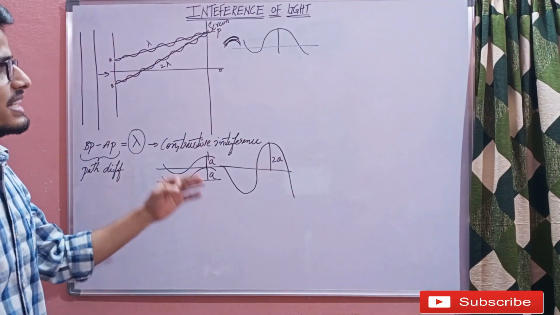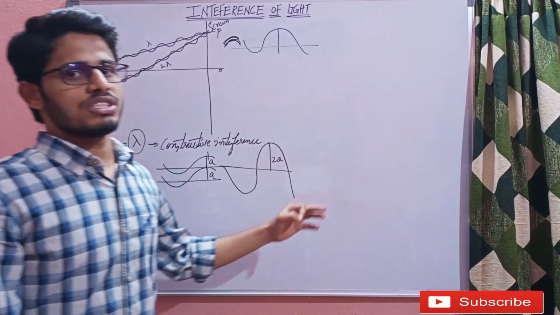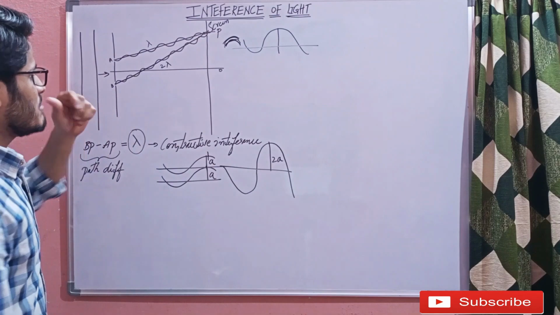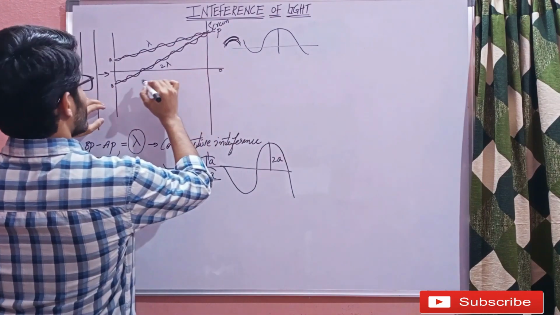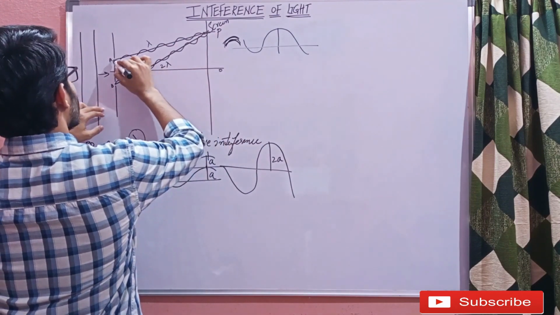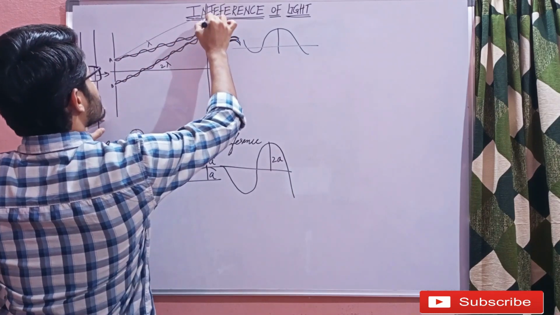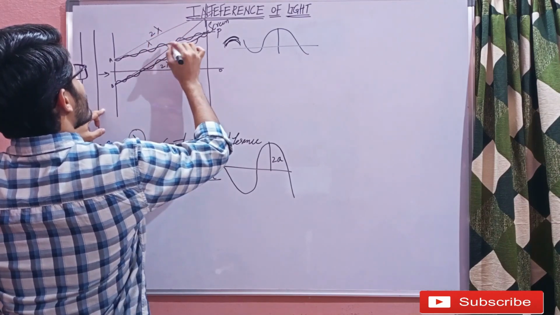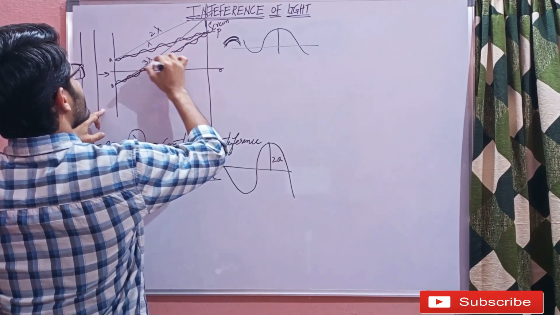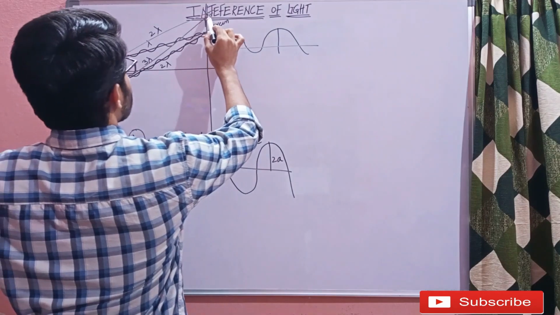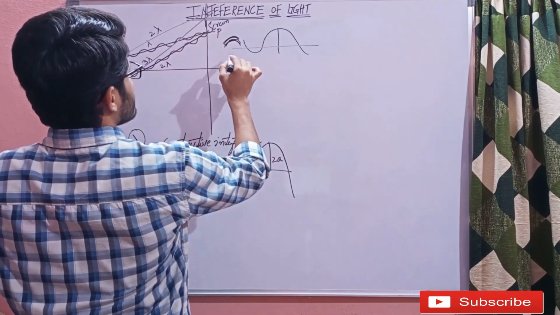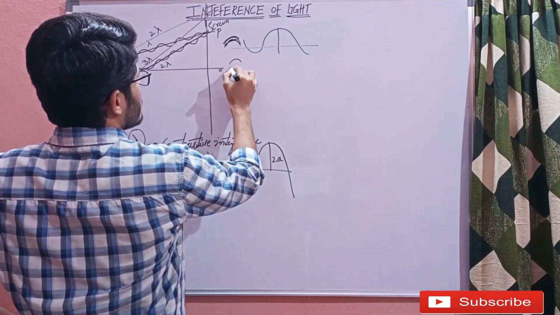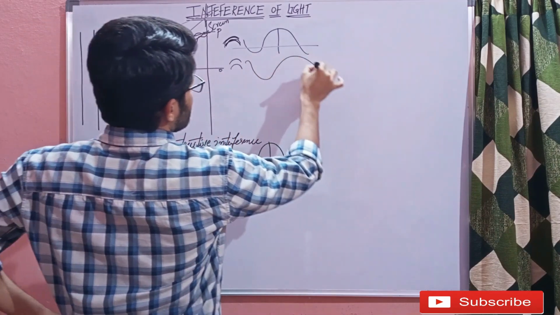That's why we studied constructive superposition to explain constructive interference. Similarly, suppose at a point on the final screen this ray is at 2 lambda and the other ray is at 3 lambda. 2 lambda means it will be on its top, and 3 lambda means the other ray will also be on its top. Again we get constructive interference.